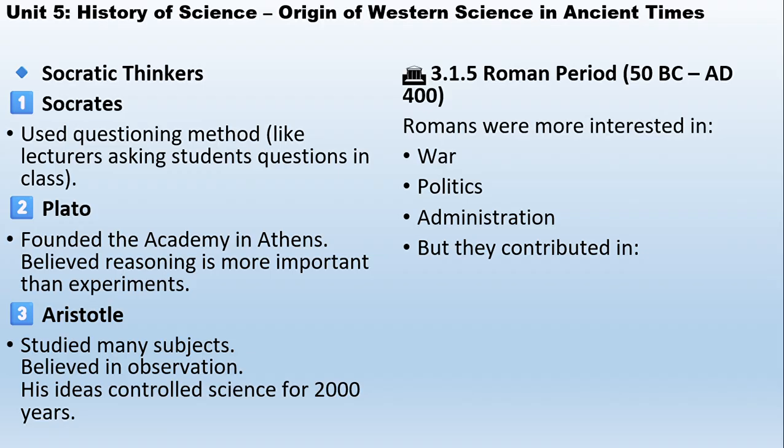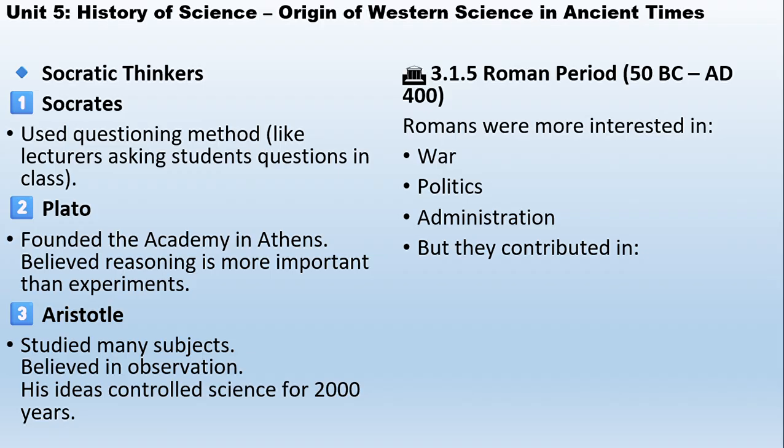So these are the three Socratic thinkers, the three philosophers of Socratic thinking. The Socratic thinkers are different from the pre-Socratic thinkers. The pre-Socratic thinkers just believed that every living thing is made up of something. That was their belief. But the Socratic thinkers created another pattern of thinking, like asking questions.